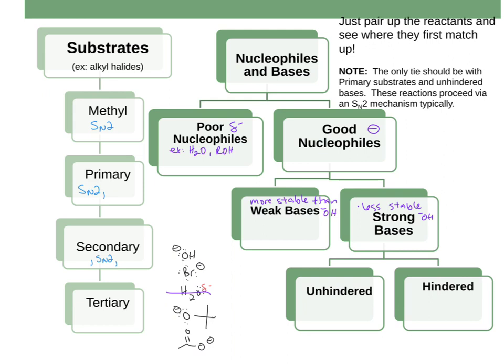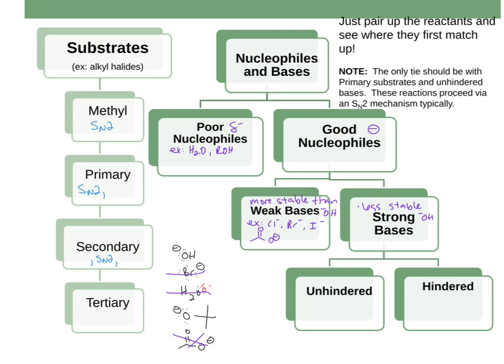So hydroxide is a strong base, and anything more stable, anything weaker than that, is a weak base. That means of these, I actually have two that are more stable than hydroxide. The bromide is definitely more stable. Good examples of these would be the halogens, like Cl minus, Br minus, I minus, and fluoride. But also here's another example of something more stable: the acetate is resonance stabilized, so it's also more stable than hydroxide, because that negative is delocalized between two different oxygens. So that's also a good nucleophile, but it's a weak base.